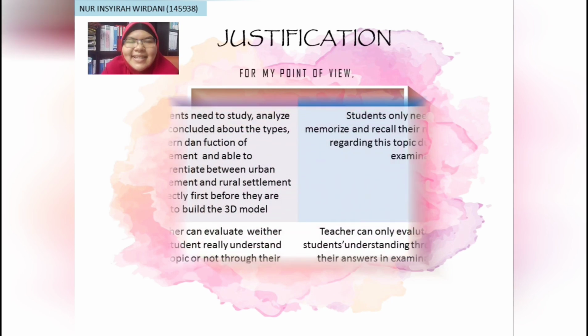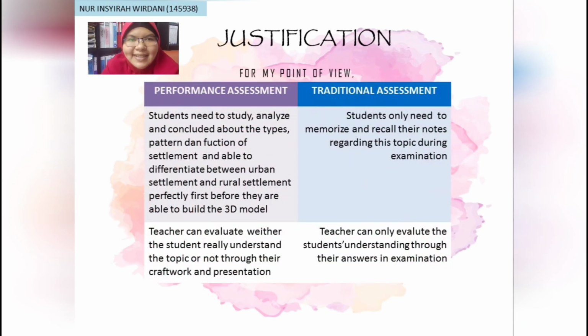The reason why we chose this learning standard, which is to discuss the types of settlement in Malaysia, describe the pattern of settlement in Malaysia by using examples, and differentiate the function of rural settlement and urban settlement in Malaysia, to be assessed by the performance assessment method, is because, first of all, we believe that to be able to make the 3D model, the student has to carefully study, understand, analyze and conclude about the whole learning standard.